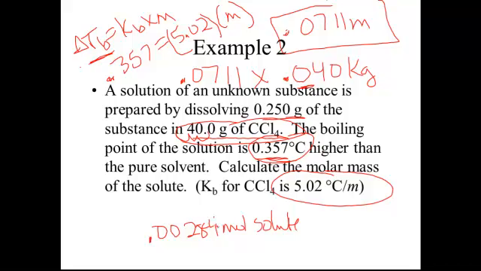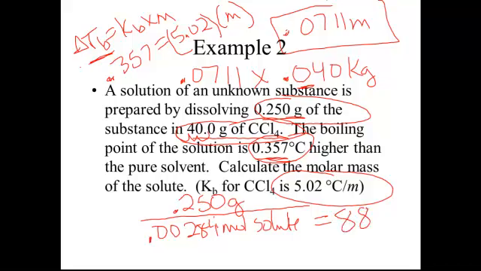Okay, and now my last step, step number 3, is to take the grams of my solute, 0.250 grams, 0.250 divided by 0.00284 equals 88 grams per mole. And that, again, is our molar mass.